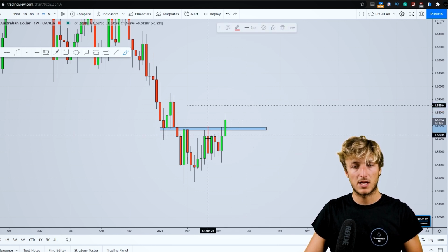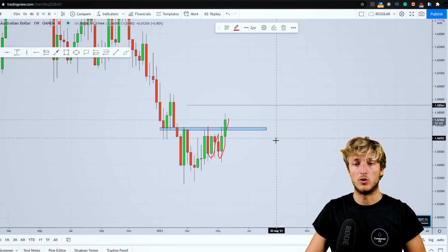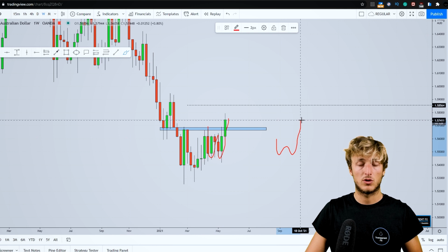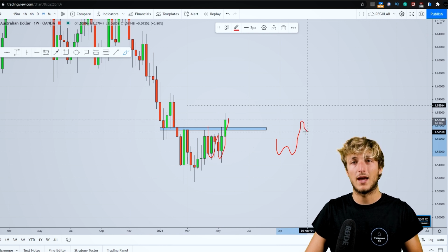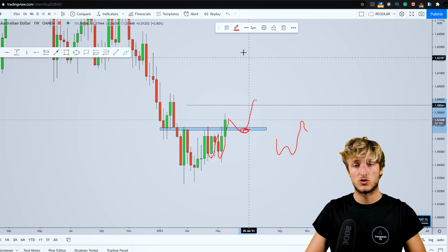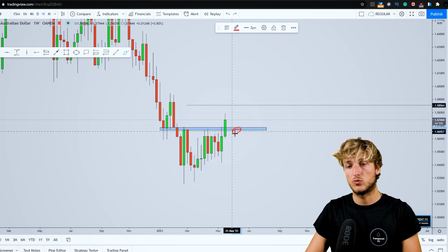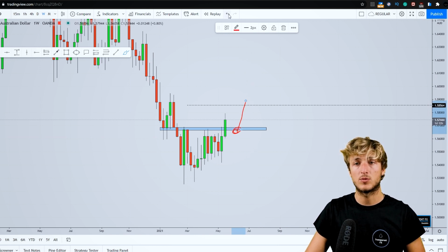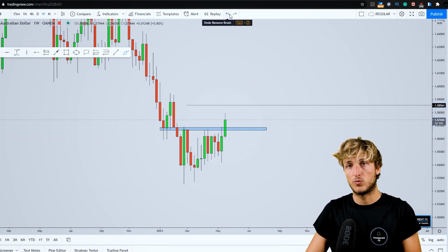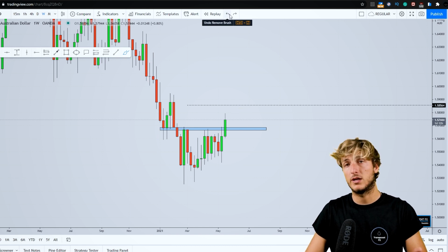We can also notice how the market, in providing this move to the upside, printed this overextended W formation, and after the creation of an overextended W formation, we anyway expect the market to create a retest of this level. So at the moment, everything is indicating a short-term correction to this support and then continuation to the upside to the resistance of the 0.32 of the Fibonacci taken on the monthly impulse, as we identified at the beginning of the video.